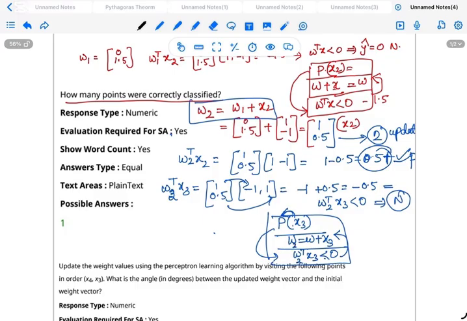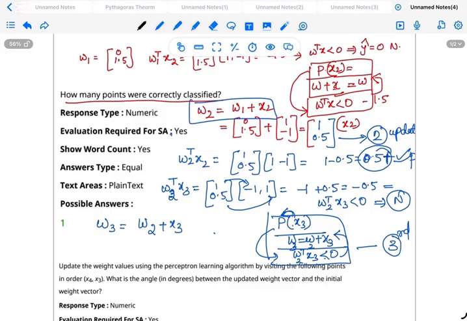So W3 equals W2 plus X3, the third update. What is the rule? You have to update the weight vector W equal to W plus X when W transpose X is less than 0 for a positive data point.